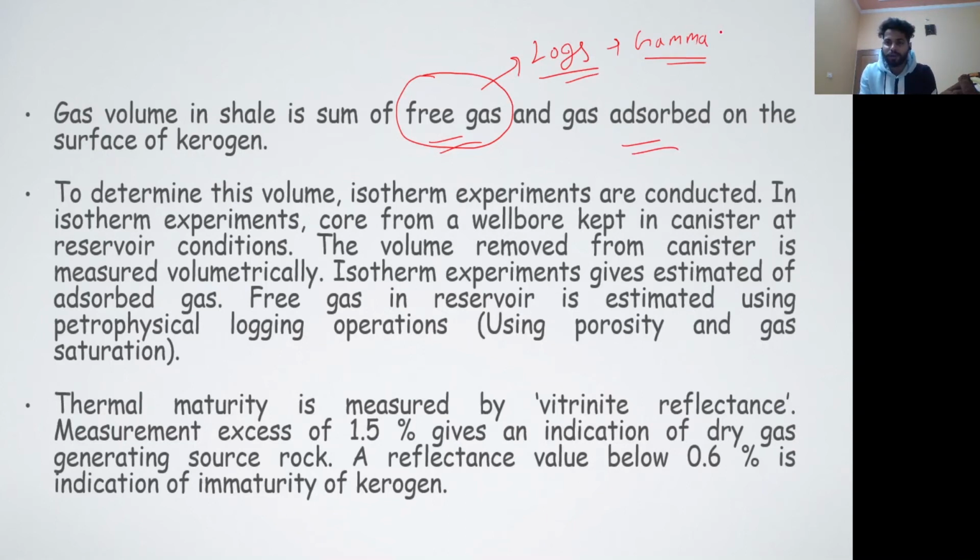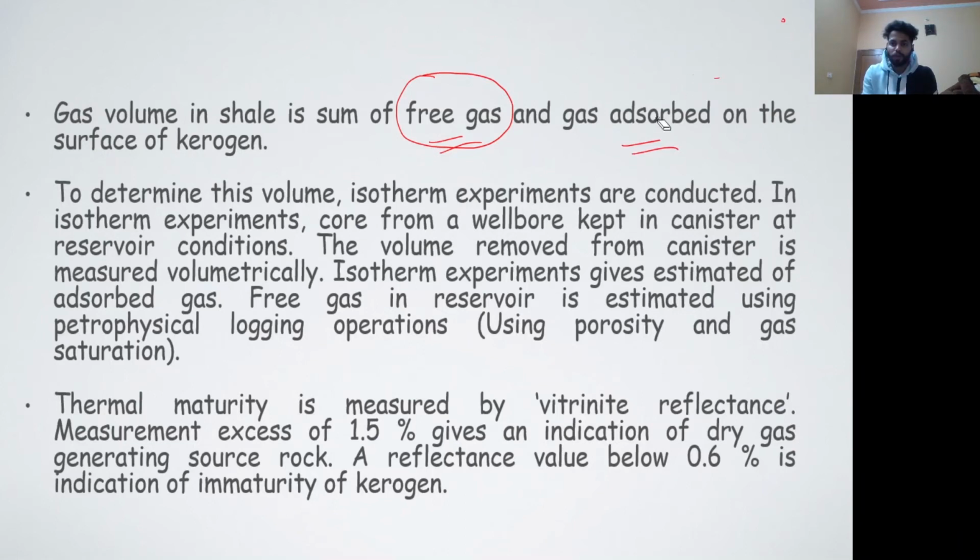Gamma ray logs having, let's say, more than 150 degrees API, those will be our shaly zones. Then using resistivity logs, we can find zones which contain gas. Zones having less resistivity will be the zones having gas. Okay, so that's how you find your system.